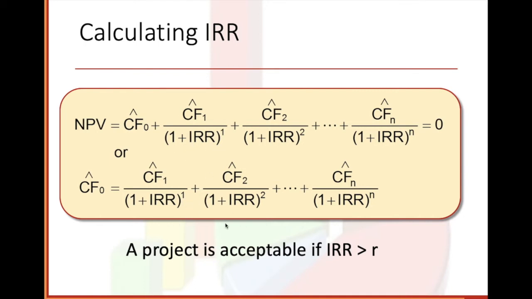I'm sure there's going to be a formula here in a bit with a sum, because that sum lets you know it's going to be elongated over time. A project is acceptable if IRR is greater than R, which is our required rate of return.